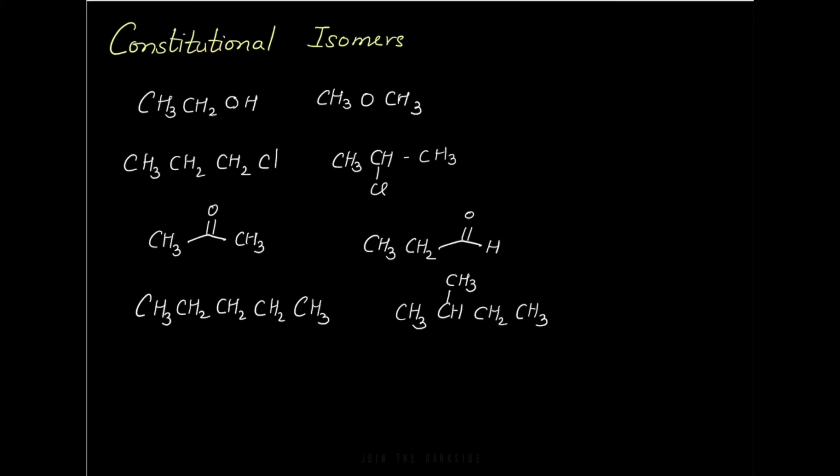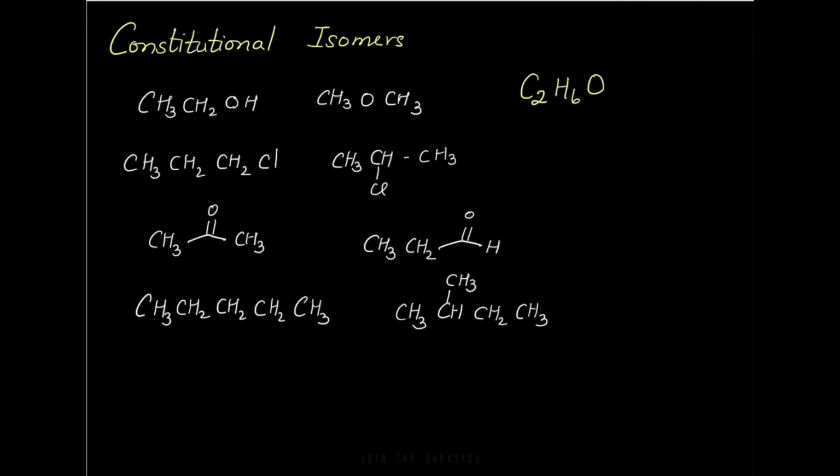When you calculate the total number of carbons, hydrogens, and oxygens in these two compounds, it's going to be one and the same. So in both of these compounds, we have a total of 2 carbons, 6 hydrogens, and 1 oxygen. So these compounds which have exactly the same molecular formula but different structural formula, or in the way the different atoms are connected, are said to be constitutional isomers.